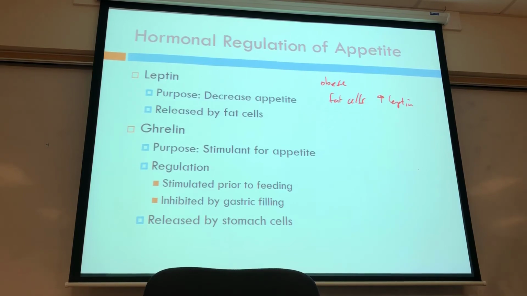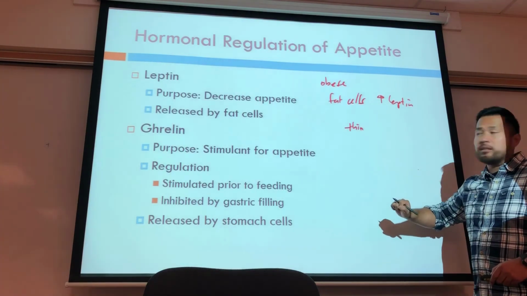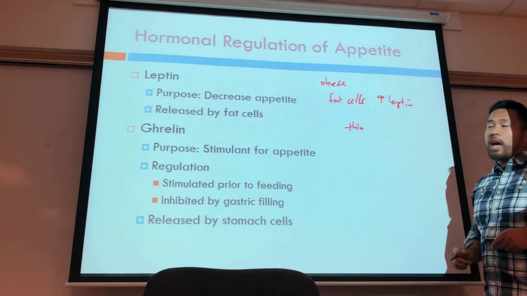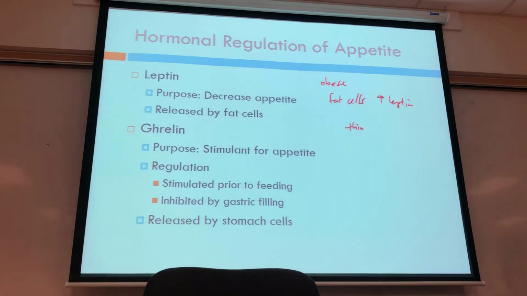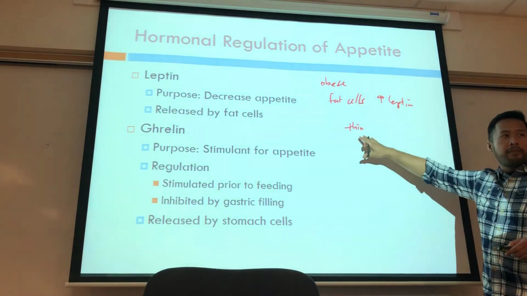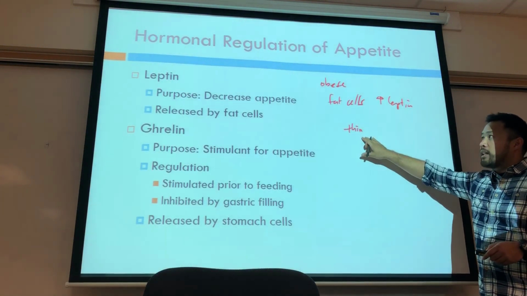So those that are typically thinner, that have fewer fat cells, will typically have a higher appetite. Okay? And from an evolutionary perspective, that should make sense. If you don't have enough body fat, you're going to have less leptin.